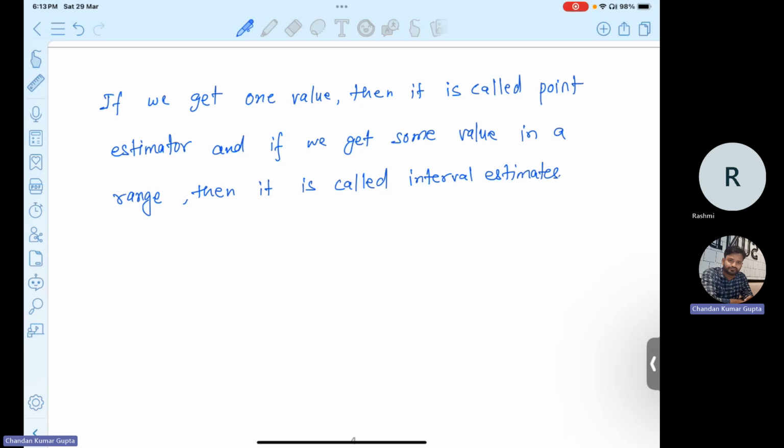Actually, we use these in our day-to-day life. For example, everyone is staying somewhere. Just look at any trees or poles, or the width of the road, or the height of the room. If I ask what the height of the room you are currently in is, you may say it is around 12 feet or 10 feet.